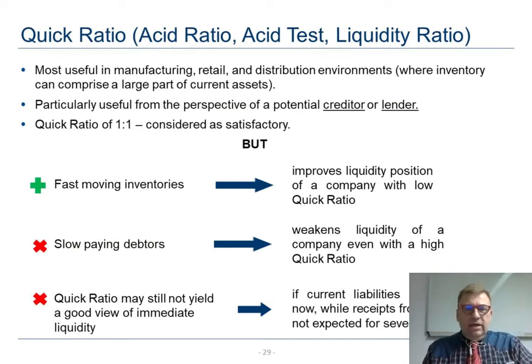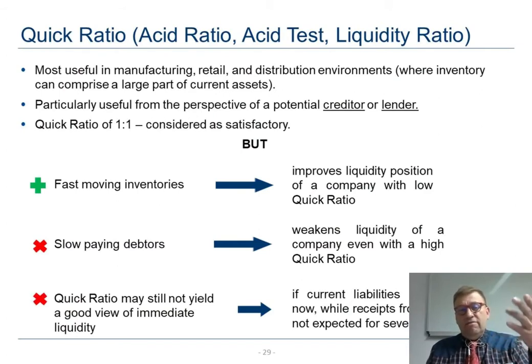However, if the company has very fast moving inventories, this may improve the liquidity position of a company with a low quick ratio. Let's say quick ratio is relatively low, but the company turns inventories very quickly, in a matter of days.